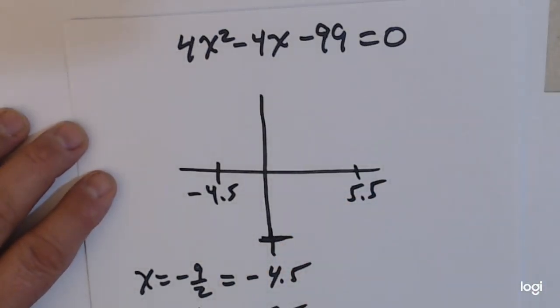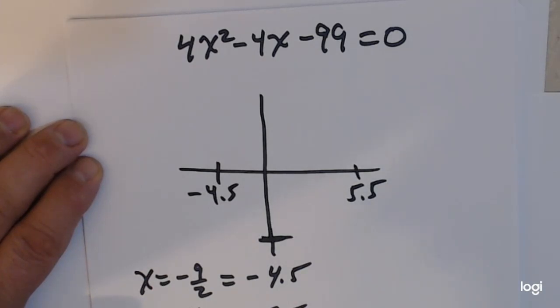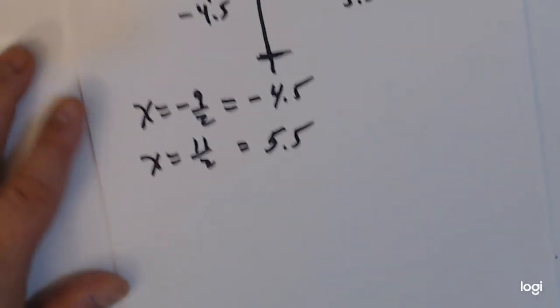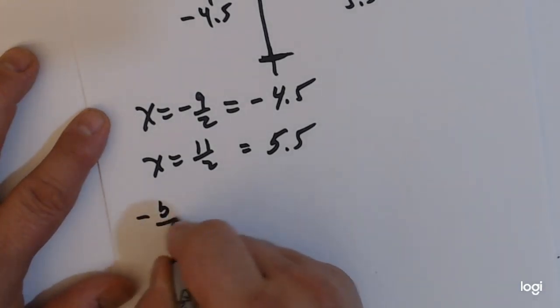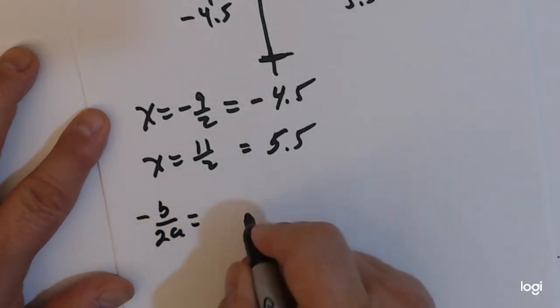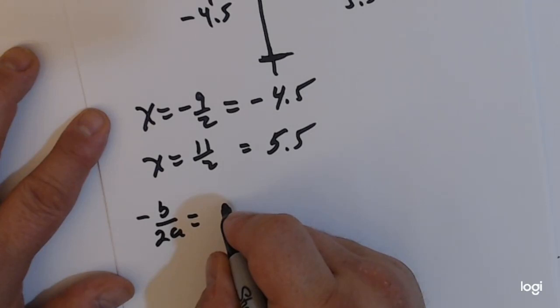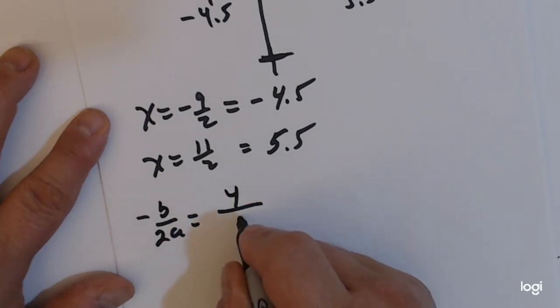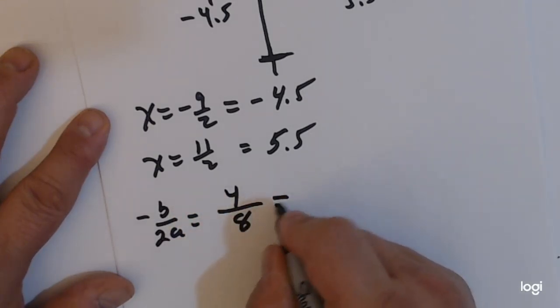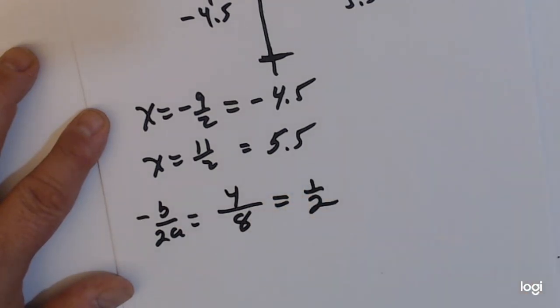Let's see what that's going to be. Let's find the vertex. So the vertex is going to be negative b over 2a. So that's negative b would be 4 over 8 is 1/2.